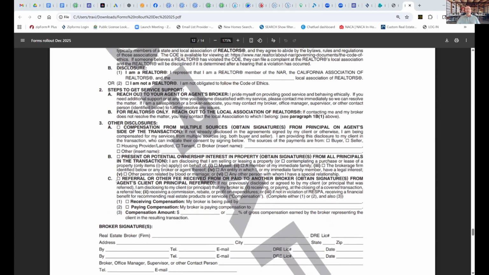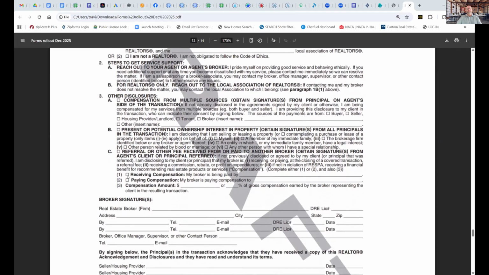And we can look here on 3C, referral or other fee received from or paid to another broker, from agent's client or principal referred. So you would check the box if you're receiving compensation, my broker is being paid by whatever other company that is, or paying compensation, my broker is paying compensation to whatever other company that is.